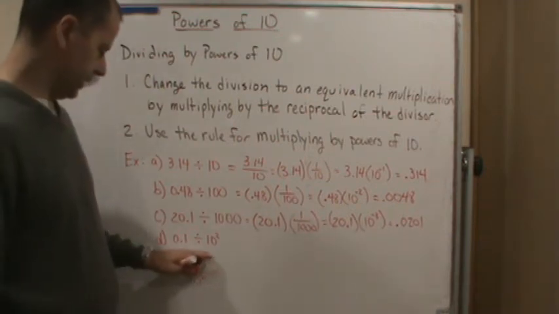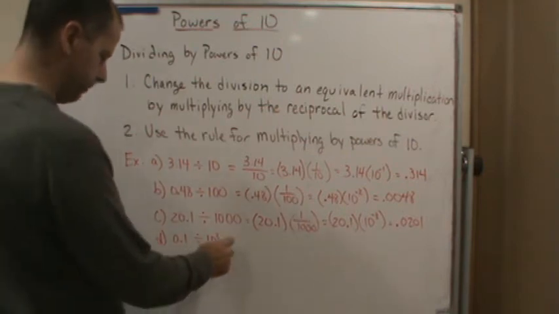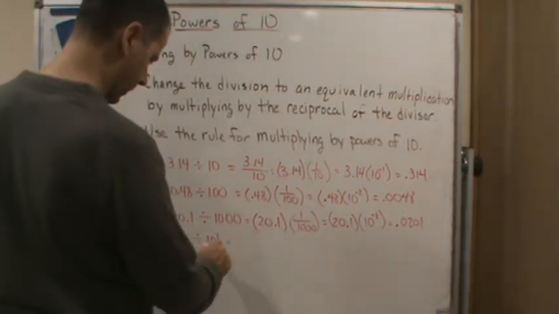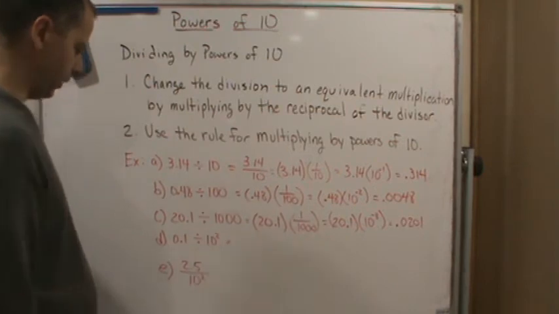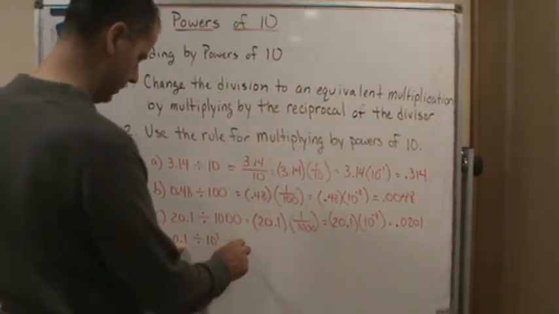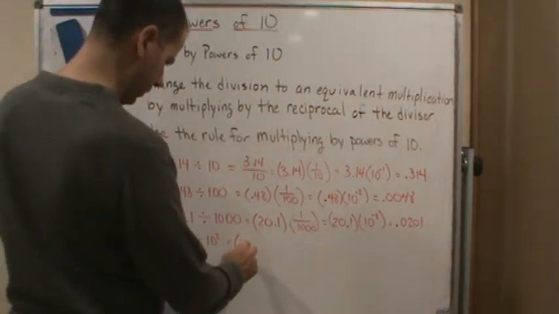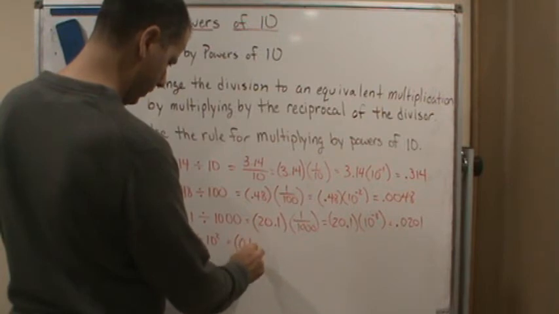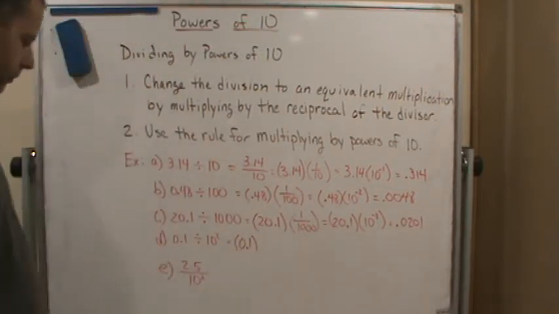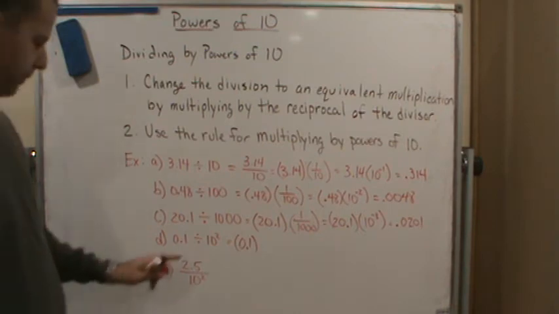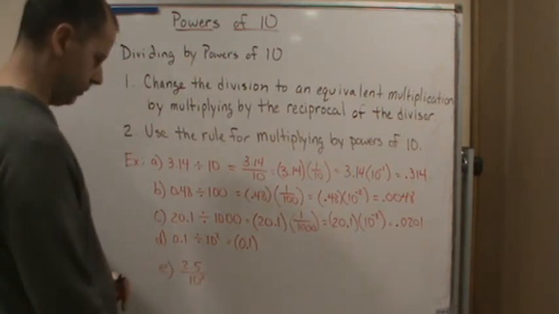Now let's look at D. D says we're going to divide 0.1 by 10 to the second power. And so we're going to multiply by the reciprocal, right?